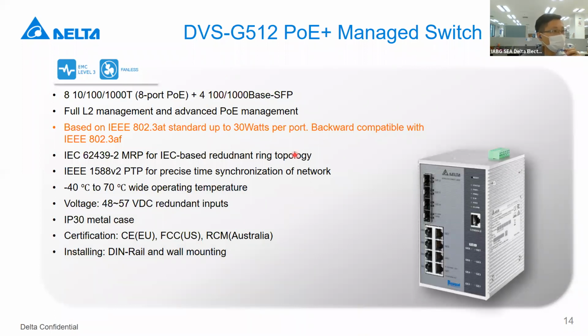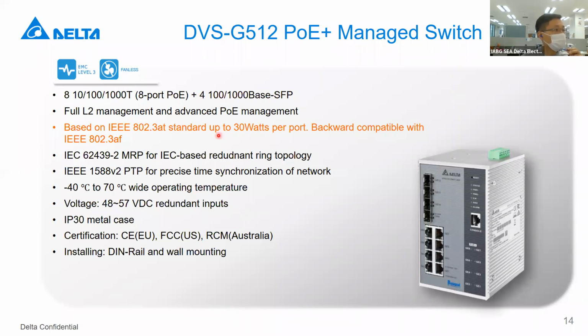Okay, and next one is a PoE, Power over Ethernet switch. Actually, we do have this kind of switch, and mostly this kind of switch supports IP cameras. This one is a 12 port, 8 plus 4 here: 8 gigabit PoE ports plus 4 fiber.